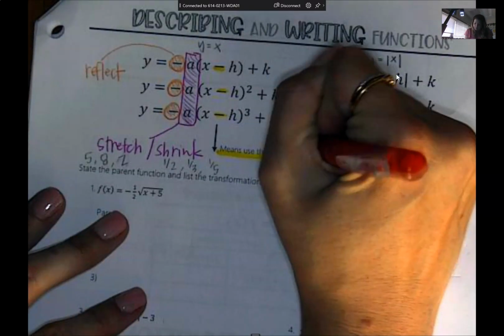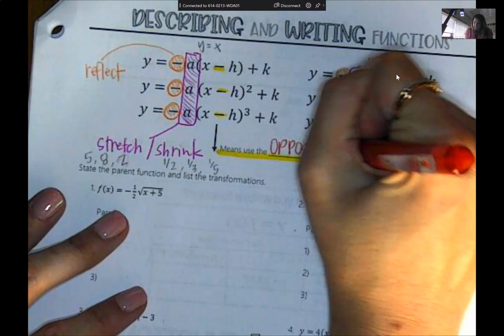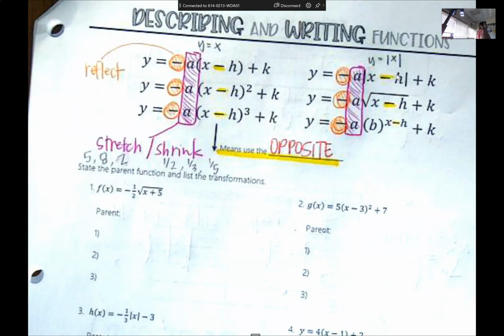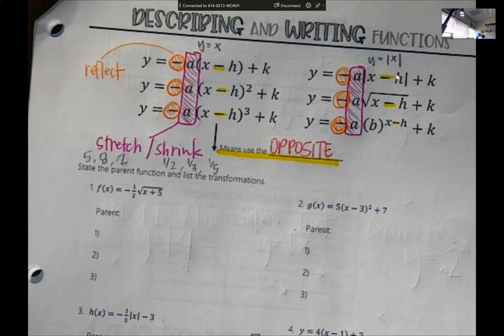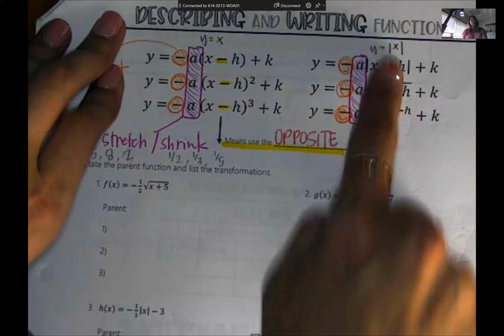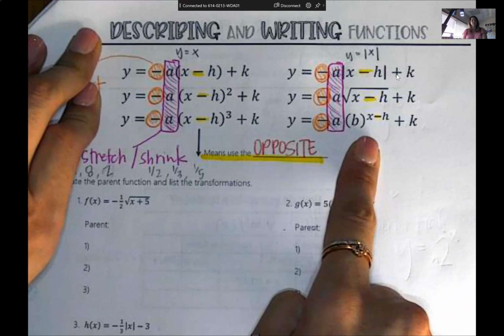That negative means if you see a +5, that means you moved your graph -5. If you see a -2, that means you moved your graph +2 because of this stupid negative here in with the symbols.